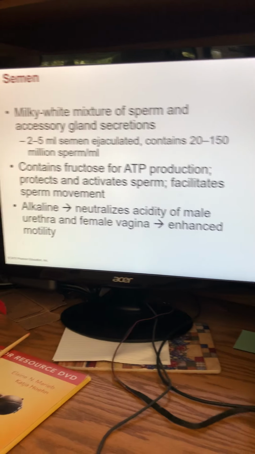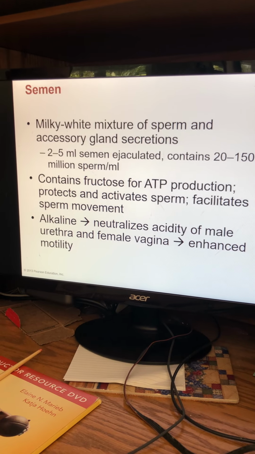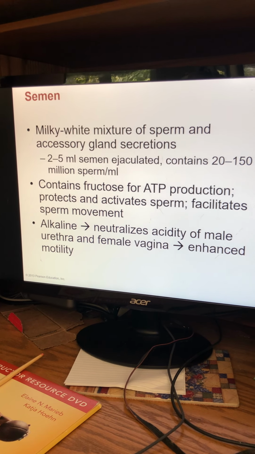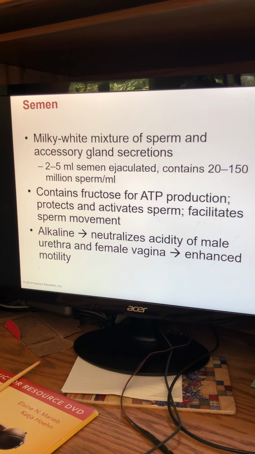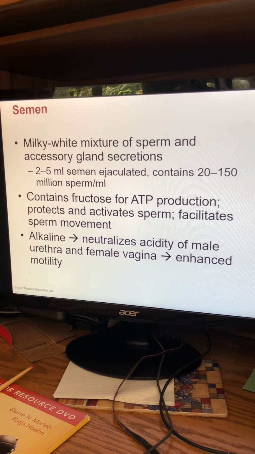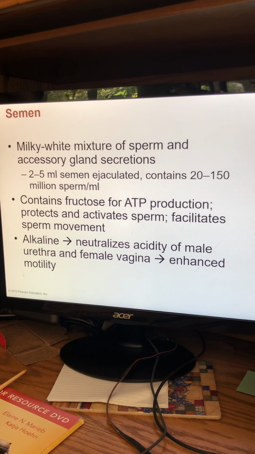So semen is a combination of sperm and the accessory gland secretions. If you look at it, in every 2 to 5 milliliters of semen that are ejaculated, a milliliter is about a cc. So that is about one little eyedropper full of ejaculation. Each milliliter is going to contain between 20 and 150 million sperm.